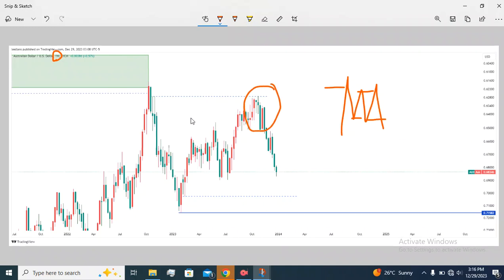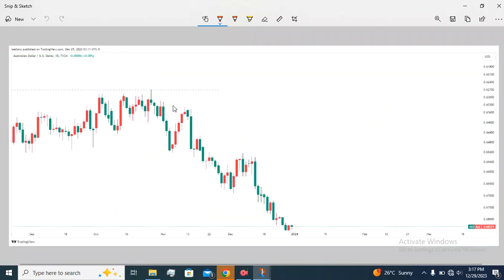So dropping down on the daily, this is what we can see on the daily. This guy was barely swept. See the way the market was just consolidating. Someone will say consolidating, but it was making sense.